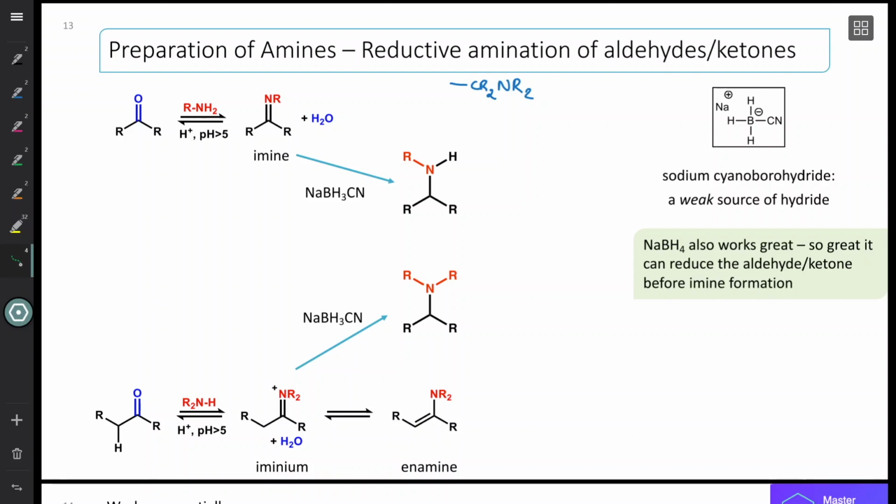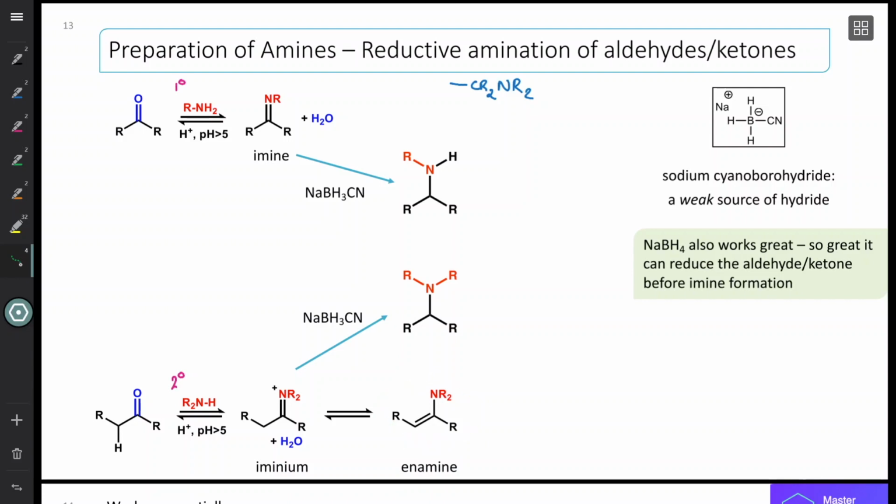In our chapter on aldehydes and ketones, we studied how ketones or aldehydes will react with an amine in this reversible way. With a primary amine you would get the imine, and with a secondary amine you would get the enamine, right, as your final product.